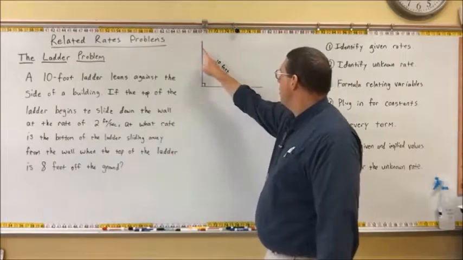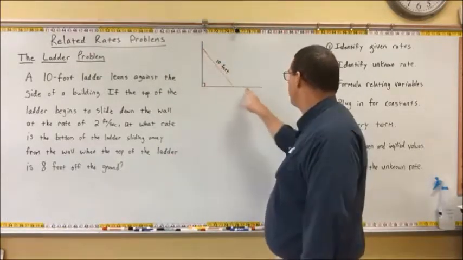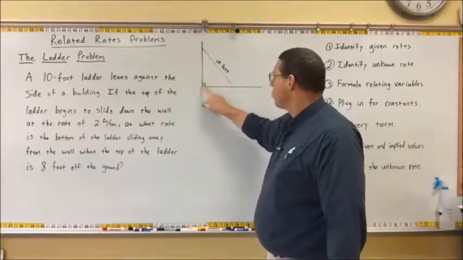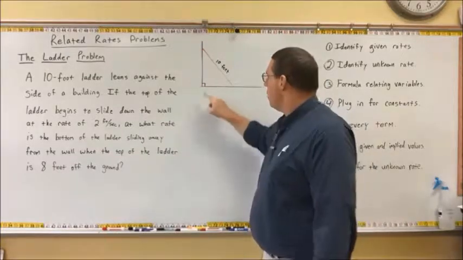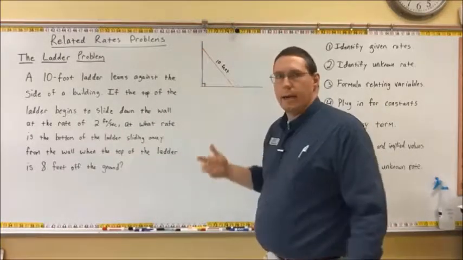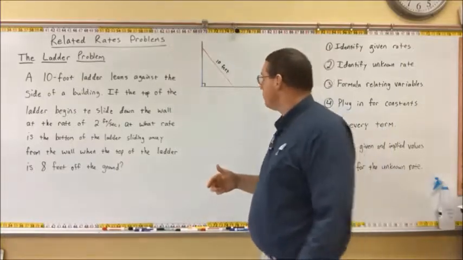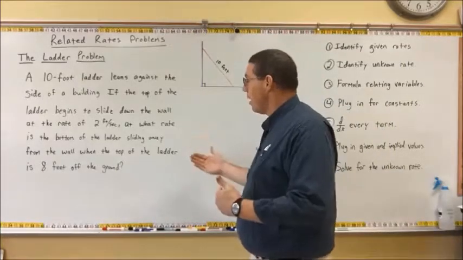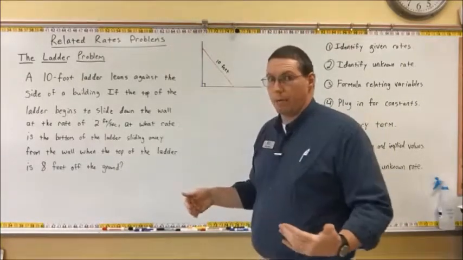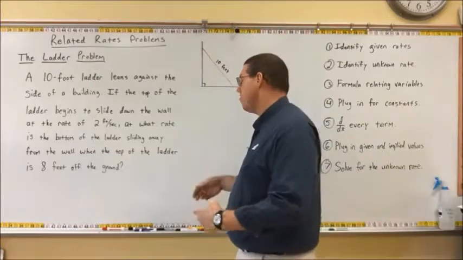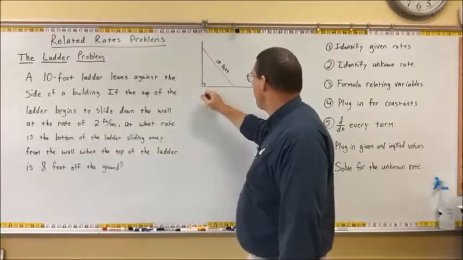Here's our ladder, here's our wall, and here's the ground. We usually presume that the wall meets the ground at a 90-degree angle. Sometimes that's stated in the problem, sometimes it isn't. It should be stated, but we're just going to assume it's a right angle.